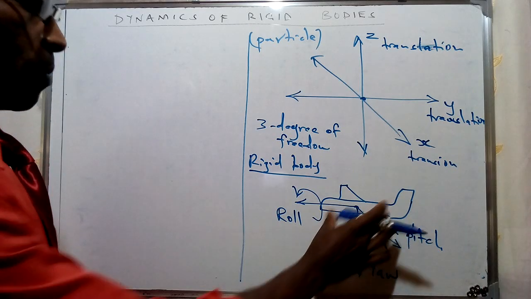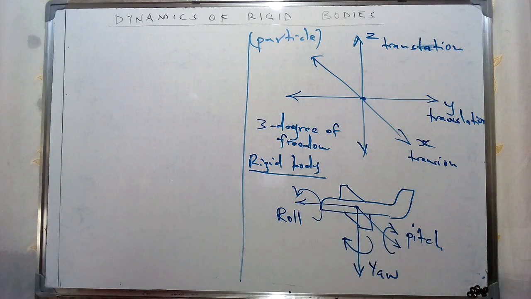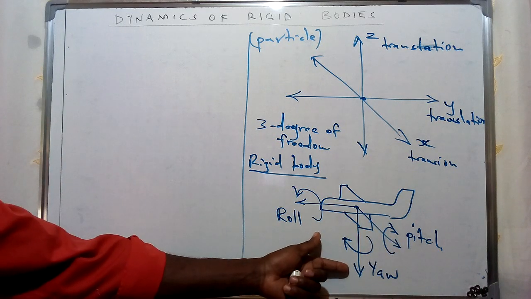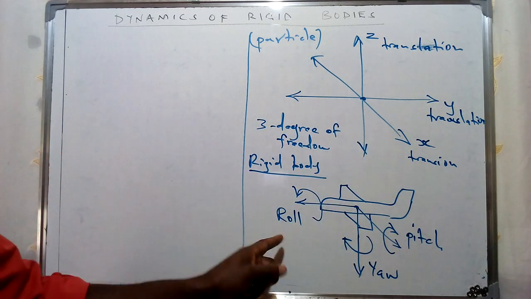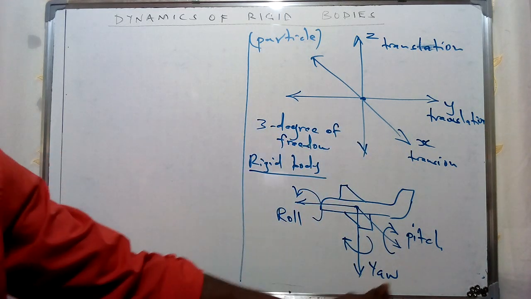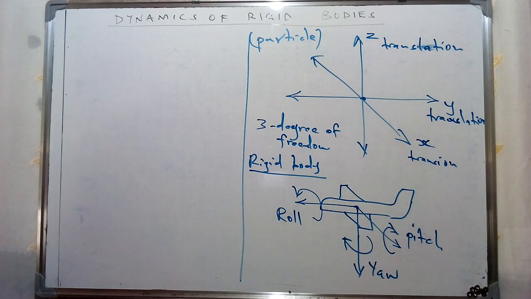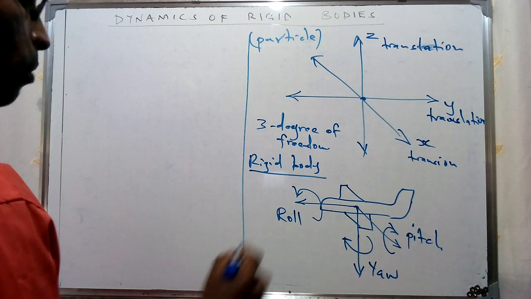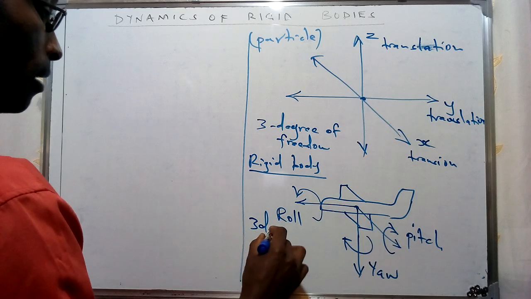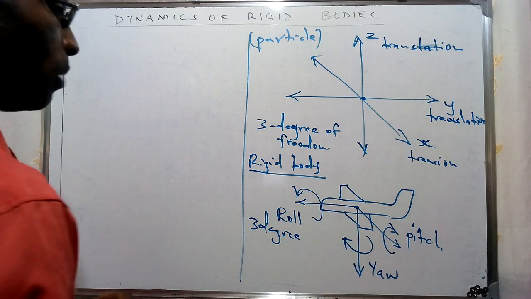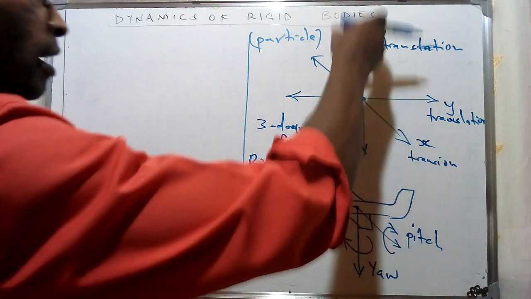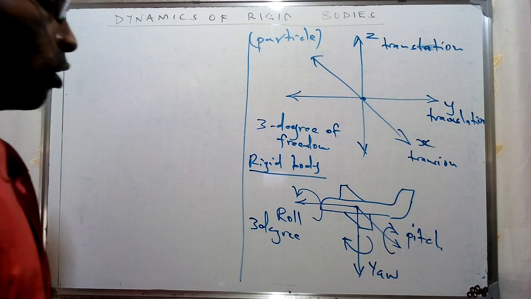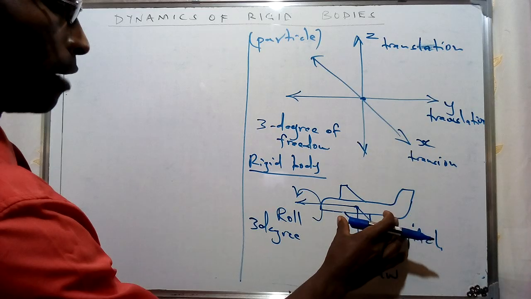So we can consider this plane as a rigid body, which is going to display other aspects of motion apart from the first three which we have mentioned, which constitute rolling, yawing, and pitching, which are additional degrees of freedom. If we consider the plane to be a rigid body, then apart from the 3 degrees of position along the axes, we're also going to have additional ones experienced about a single point.